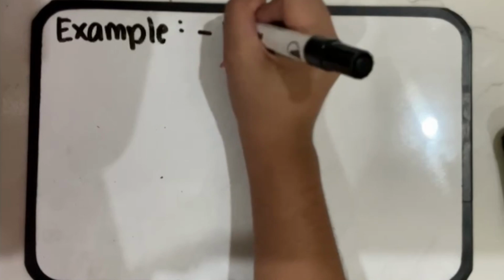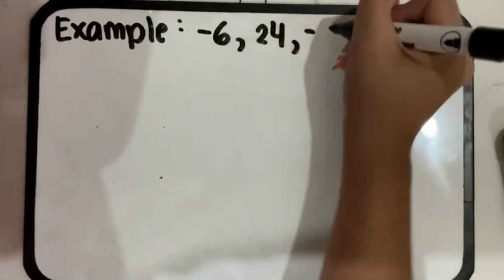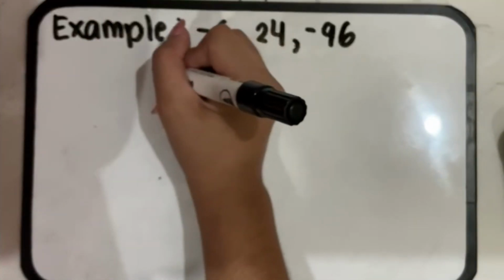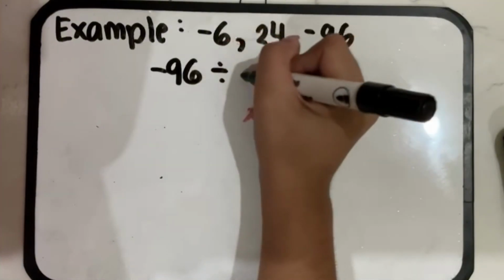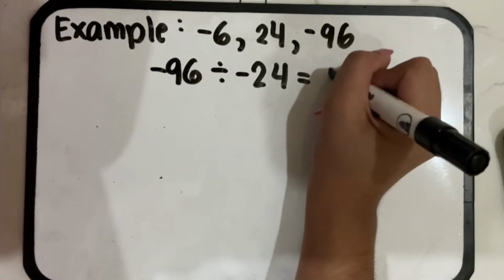If our given is negative 6, positive 24, and negative 96, divide negative 96 by 24, then we'll get our common ratio.